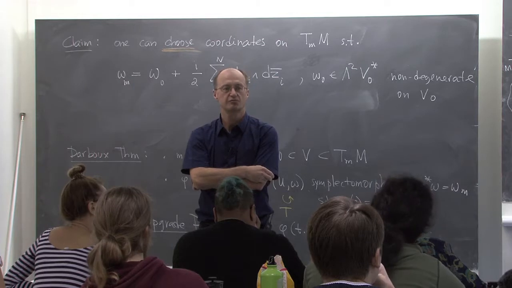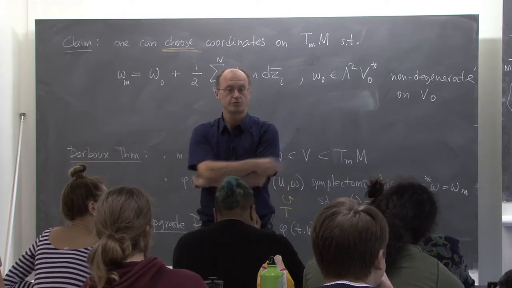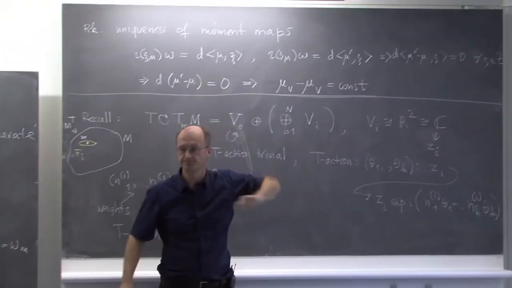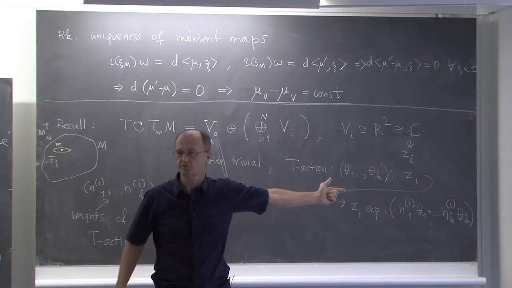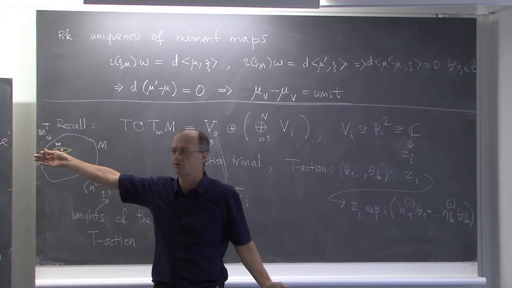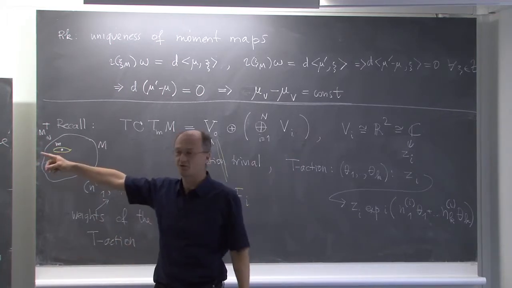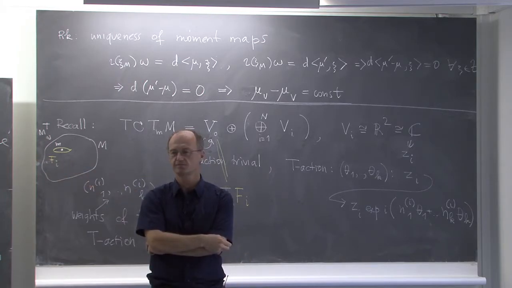So let's discuss what these choices are. What do you think? What can one choose here? It looks like I've already chosen everything. Now it's either true or not. However, just like that, maybe it's not quite true. So what are the extra choices which are possible?